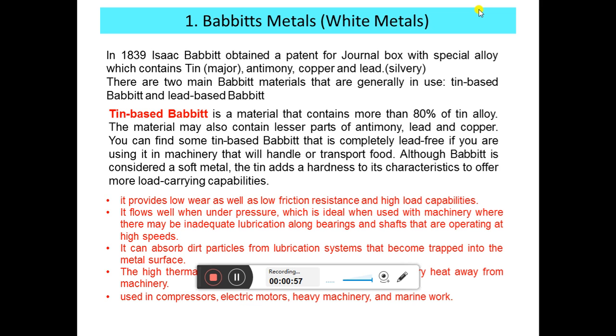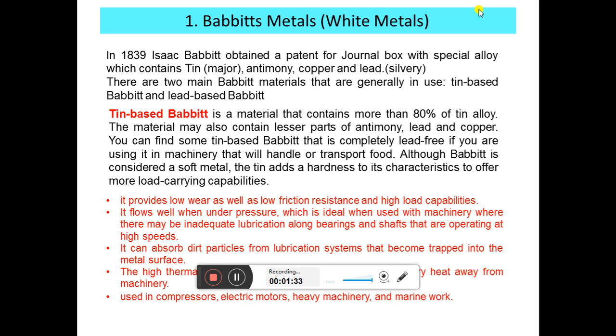Means he is the first who discovered this material for bearings, and for his discovery they named it babbitt metals. It appears silvery, that's why it is called white metal, and because it was discovered by Isaac Babbitt, it is called babbitt metal.